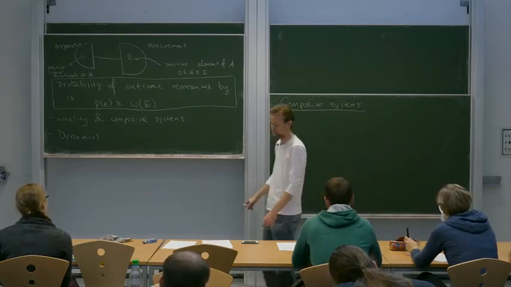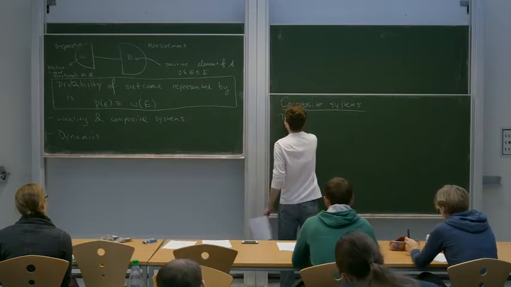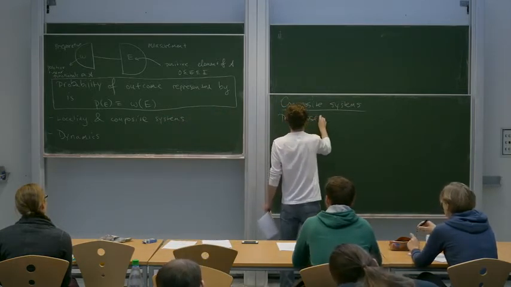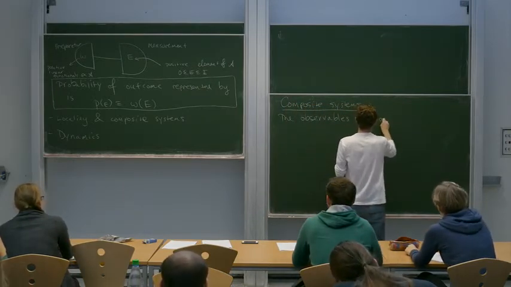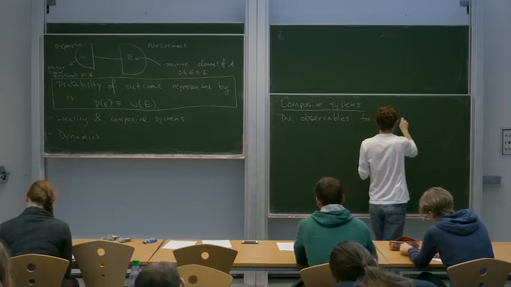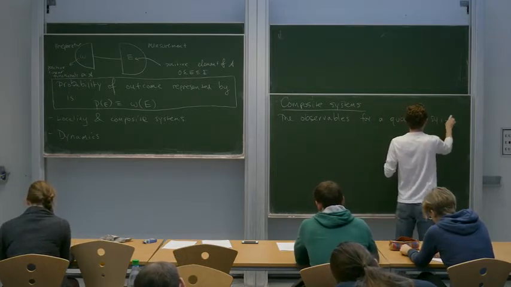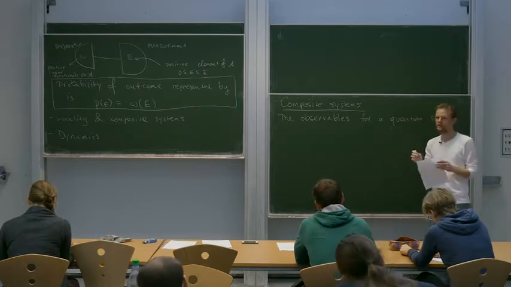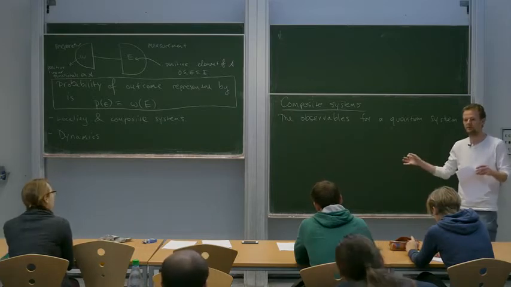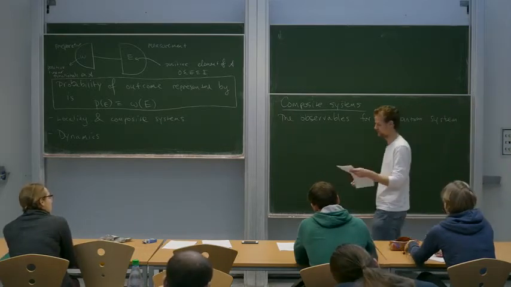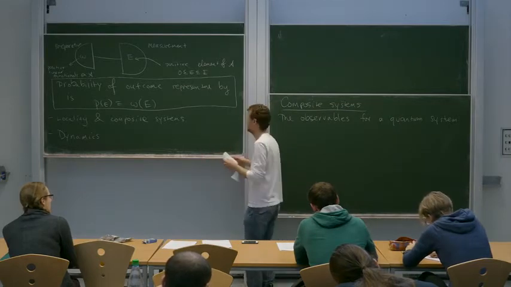And so this is how we do it. If we have some quantum system AB made of two quantum systems, A and B, then the observables for that system are just the tensor product of the observables for each system.